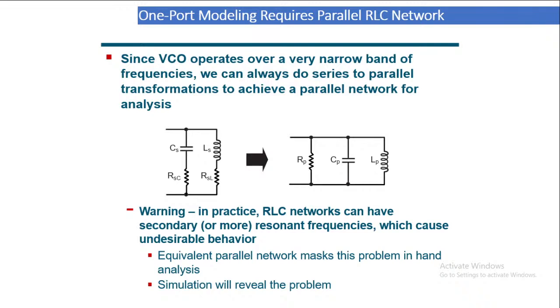The secondary resonant frequencies will be masked by equivalent parallel networks, and so you will not see that. You will see it only if you do a simulation. If you do an electronic simulation using a simulator, you will see the presence of secondary frequencies. Otherwise, if you do the normal analysis over a small frequency band, that will be masked. You will not see that.